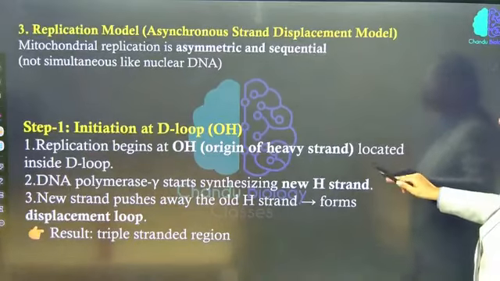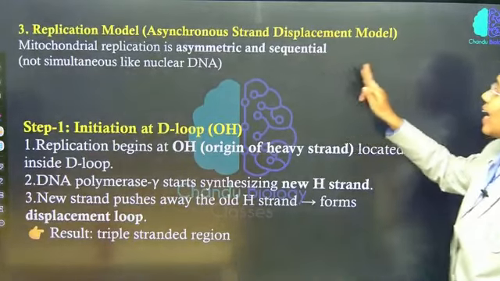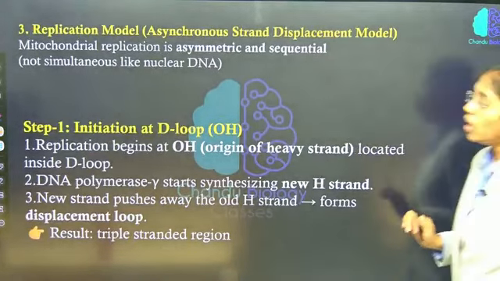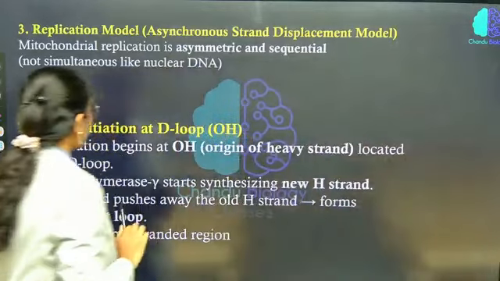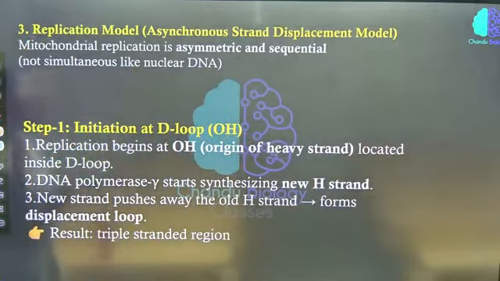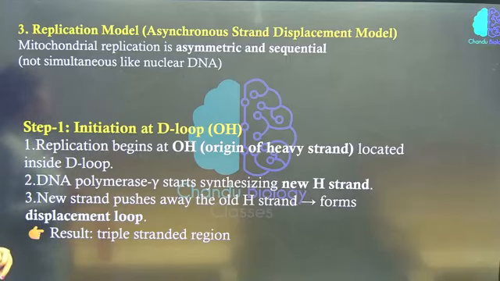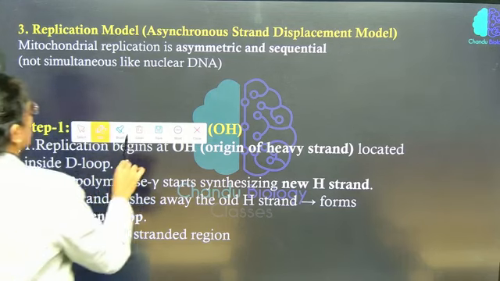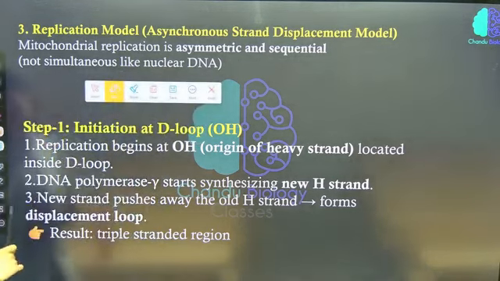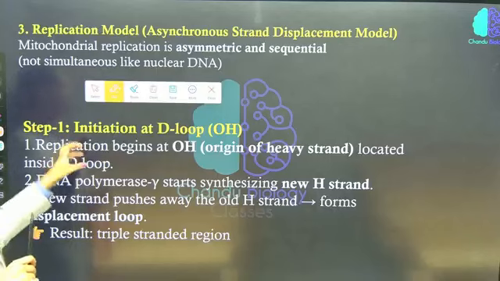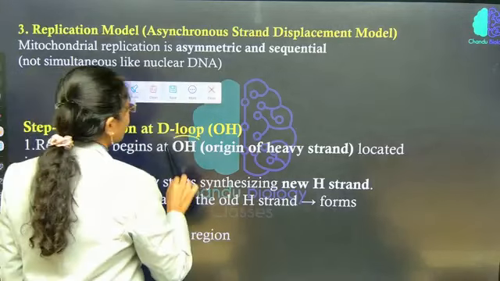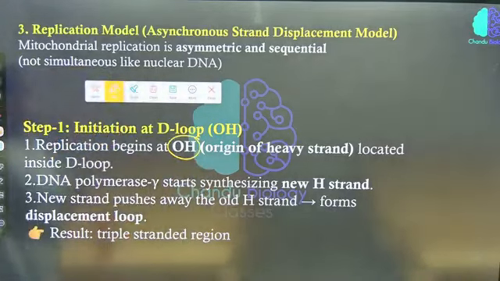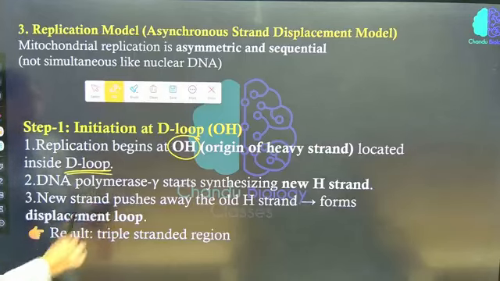The replication model is also known as the asynchronous strand displacement model. Look into the steps clearly from initiation, where mitochondrial replication is asymmetric and sequential. Step 1, initiation at the D loop. Replication begins at the origin of the heavy strand, the OH region, which is located inside the D loop.